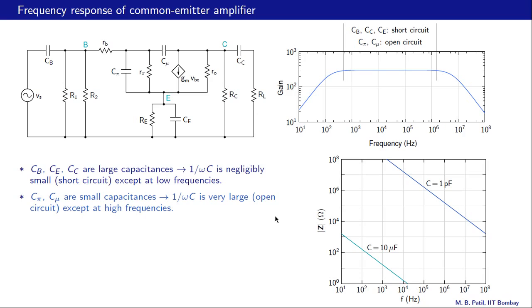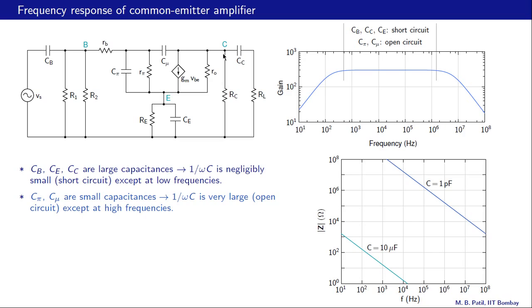When the frequency is sufficiently low, that is in this region, the impedance presented by C pi and C mu is very high, let's say 1 meg or even larger, and then these could be considered as open circuits. And then all of this current passes through R pi, and that produces some output voltage at the collector.